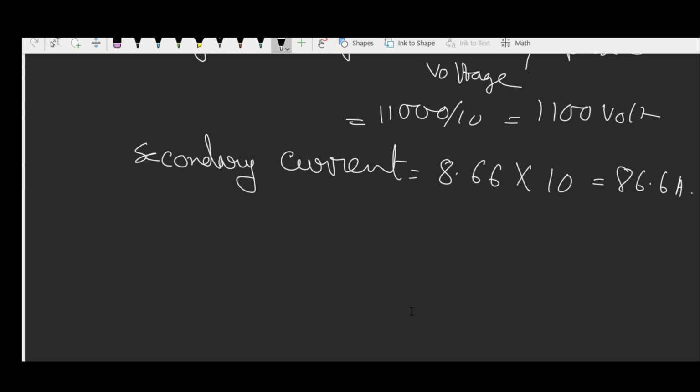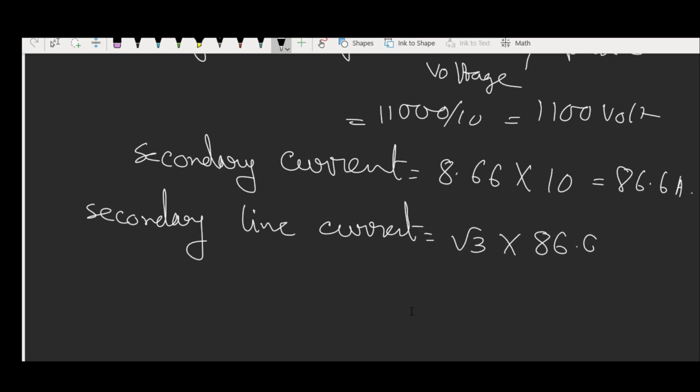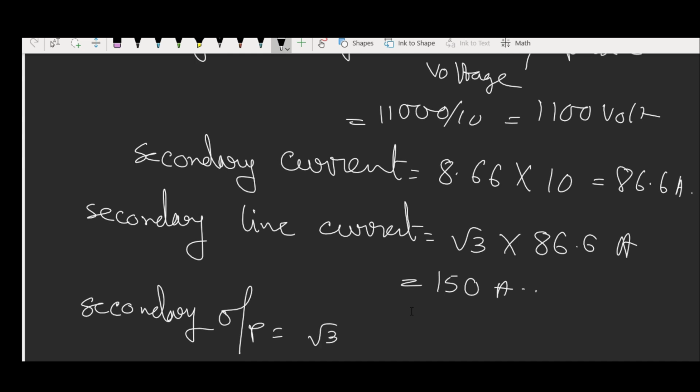So secondary line current, secondary output, right.